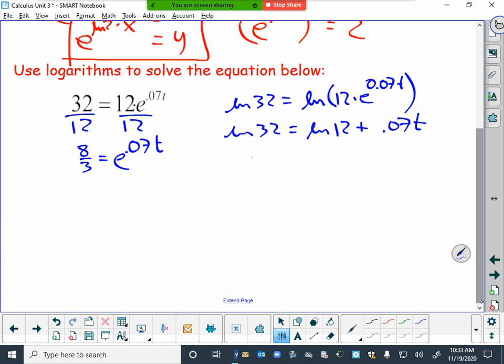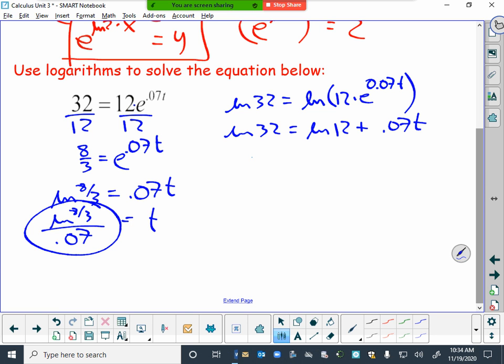On here, we've now exposed the base, so we can do a natural log on both sides. Natural log is the choice here because the base was e, and they mesh together perfectly and cancel each other out. So I would get the natural log of 8/3 is 0.07 times t, and so t is just the natural log of 8/3 divided by 0.07, whatever my calculator tells me that number is.